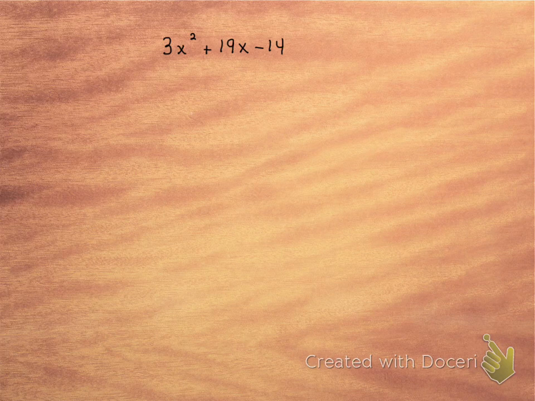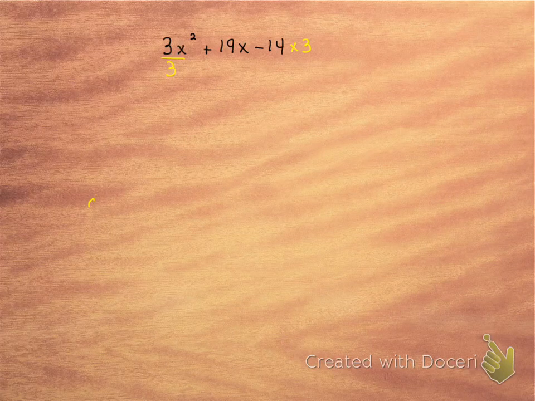So slide and divide. The first thing that you will do in slide and divide is divide away the leading coefficient by itself. So once you divide away the 3 out front, you're going to multiply it here at the end.